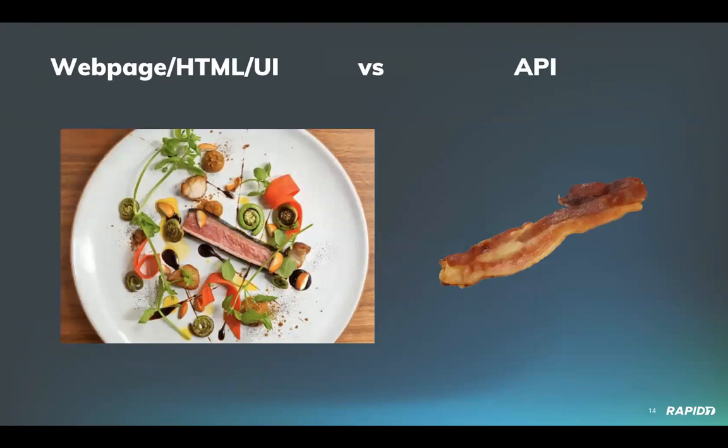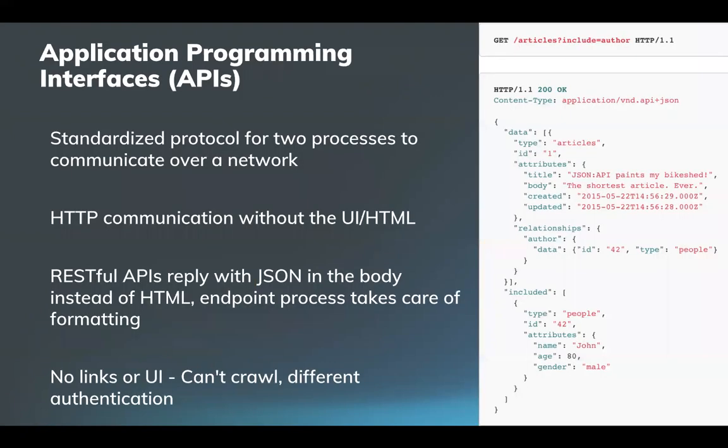With APIs, when you say, I want a piece of bacon, they give you just the bacon. It's the responsibility of the application receiving that to take care of all the processing, decorating it and making it look pretty. So when you file a request with an API, you're cutting out all of the decorative stuff and the fancy HTML, and jumping straight to the tiny little piece of data that I want to get from you.